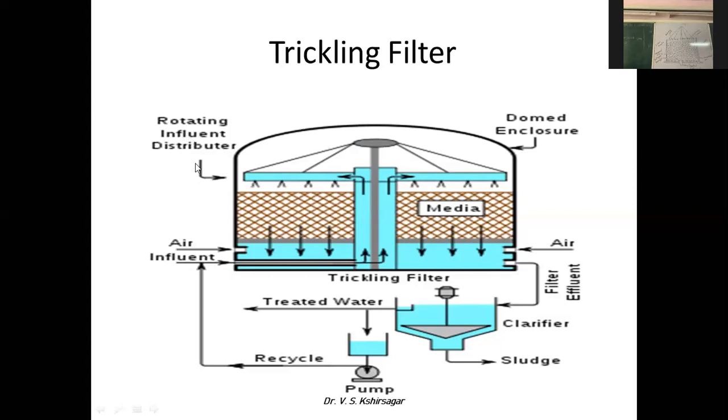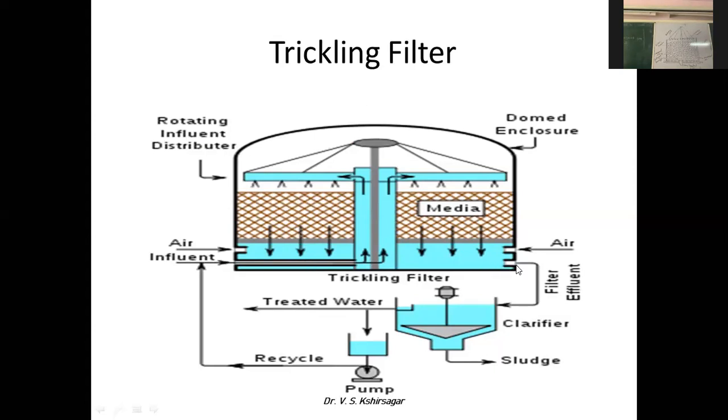This is the rotating influent distributor. Then dome enclosed. Sometimes it is a closed system, or it will be an open system. Okay, this is the filter media, and by gravity, the water sprinkled on the surface of this filter media by the nozzle will percolate towards the bottom.